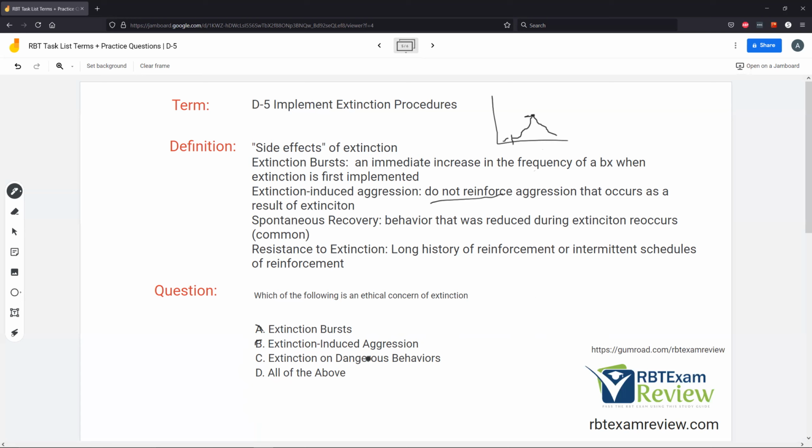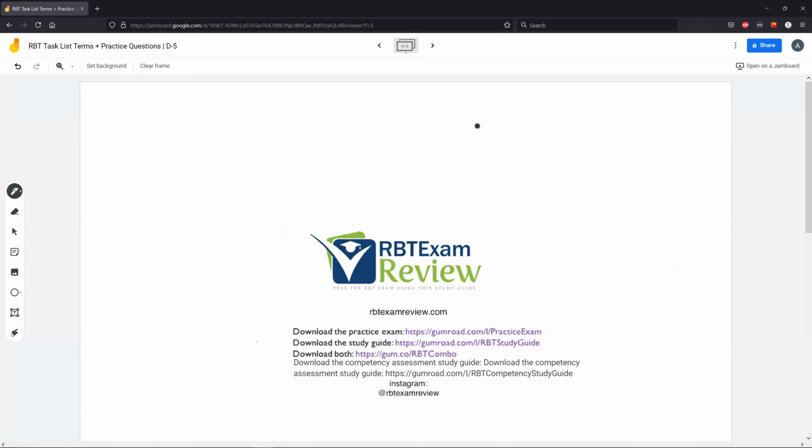If the function is attention or gaining access, it might be difficult to withhold reinforcement because they're dangerous. So ethically, we need to consider the consequences of putting a behavior on extinction. The answer here is D, all of the above.